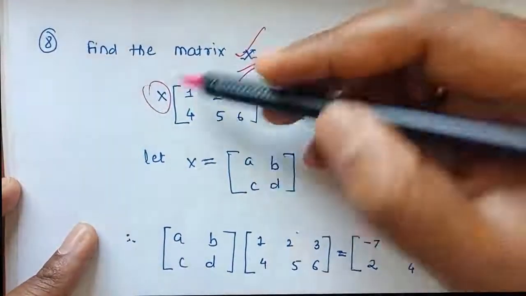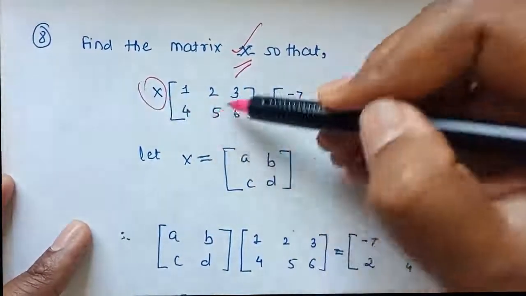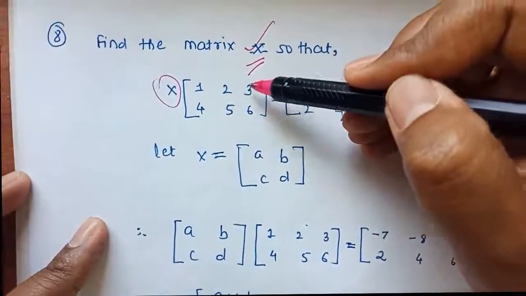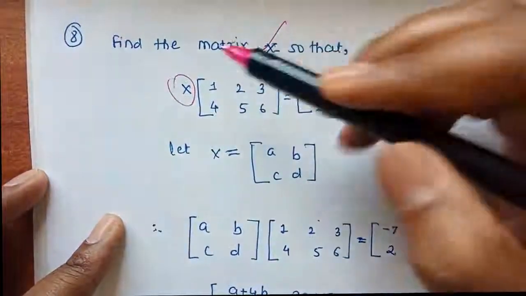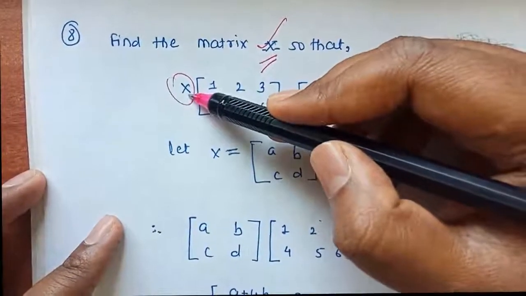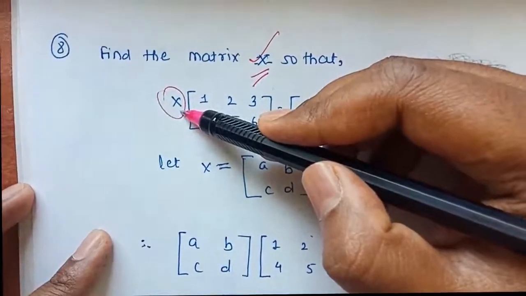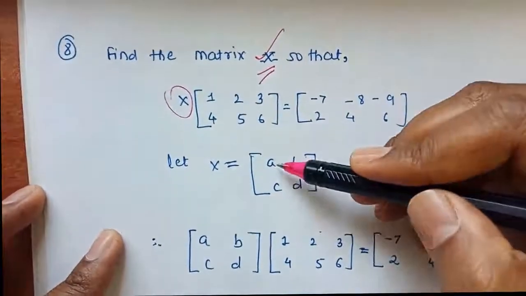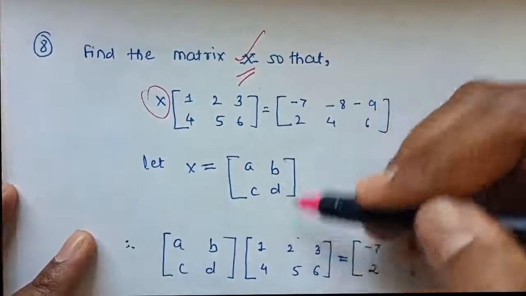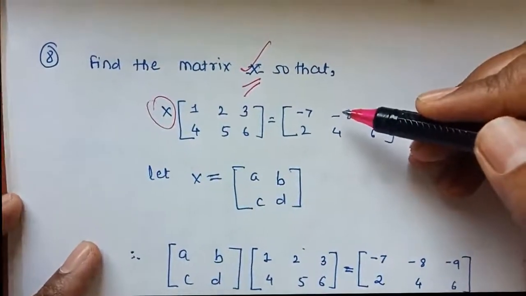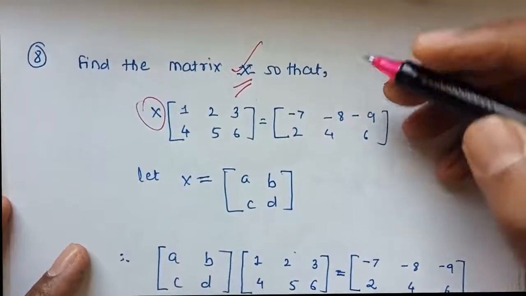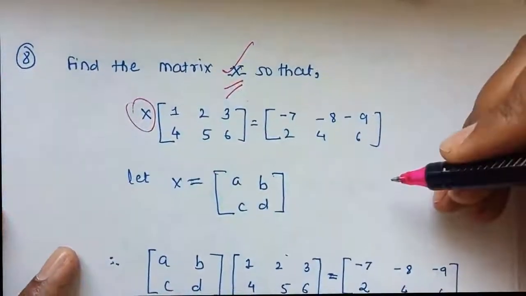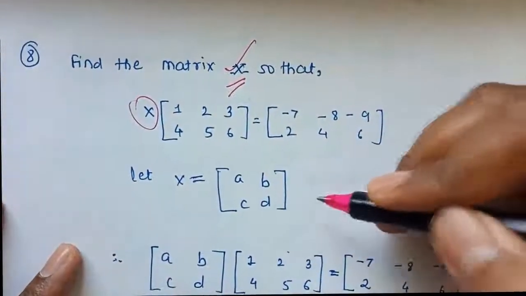Remember I told you the columns of this matrix should be equal to the rows of this matrix. Rows of this matrix is 2, so definitely the columns of this matrix should be 2, and so I assumed here the matrix as A, B, C, D, so columns of this matrix is 2.